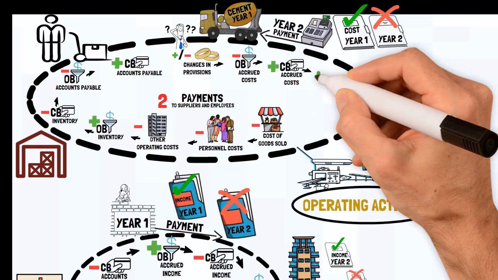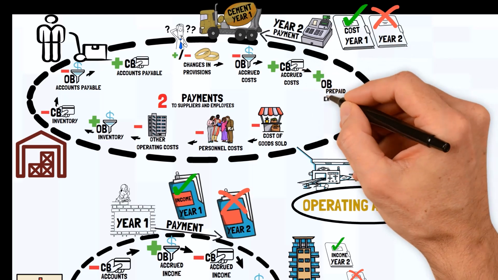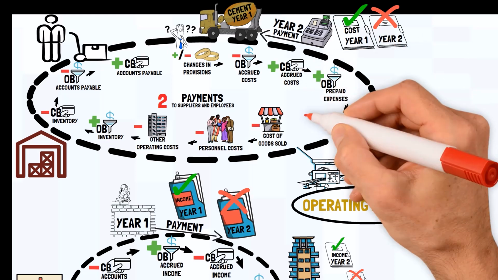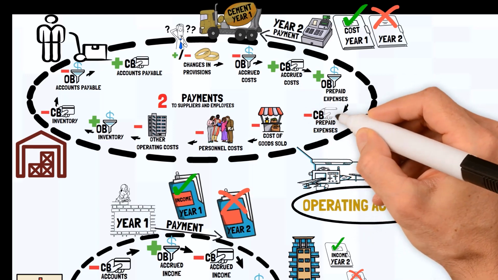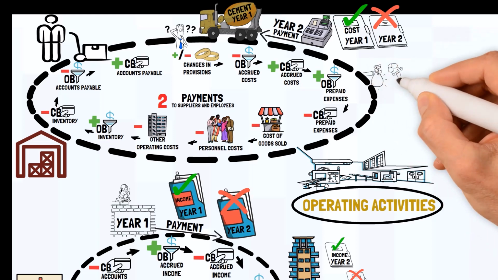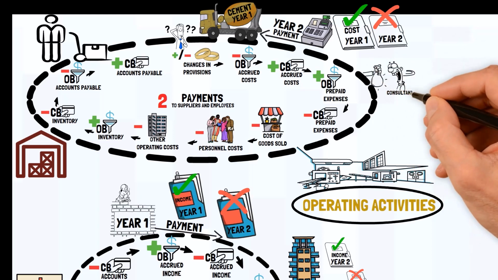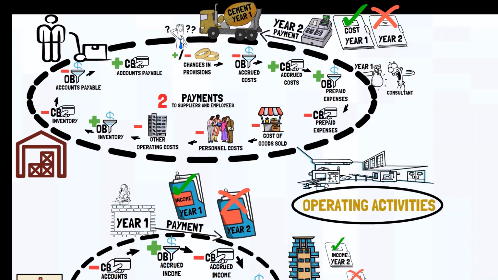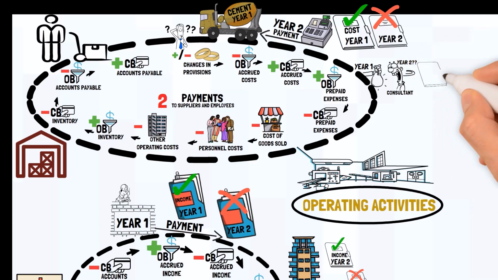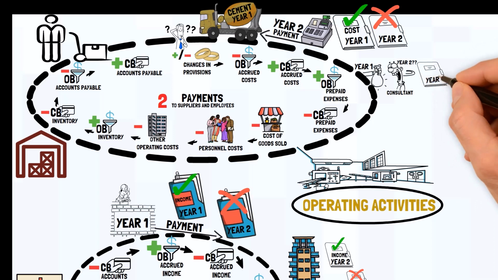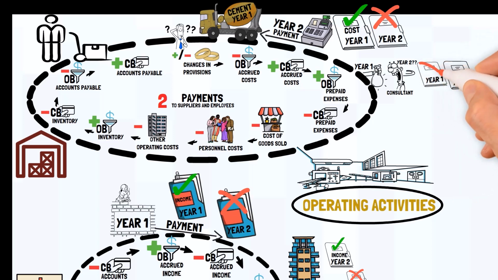Finally, add the opening balance of prepaid expenses and remove the closing balance, prepaid expenses. A prepaid expense can be, for example, when a business pays a consultant at the end of year 1 for a project that will be carried out at the beginning of year 2. Payment takes place in year 1, but must be booked as an expense to the account in year 2, when the project is carried out.